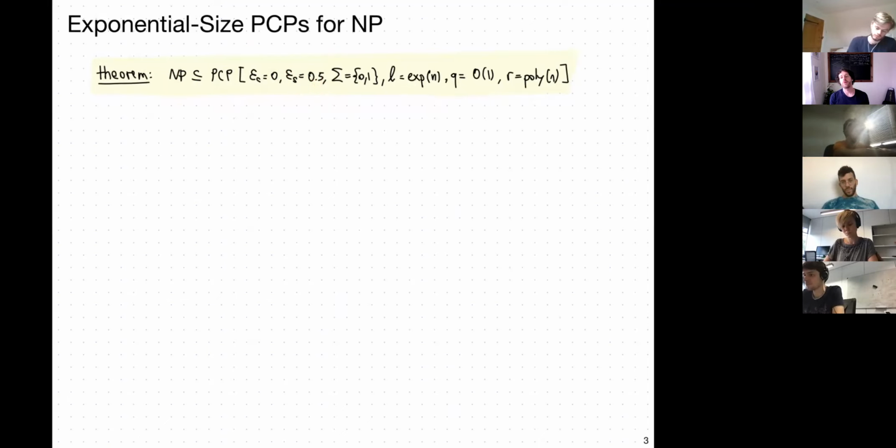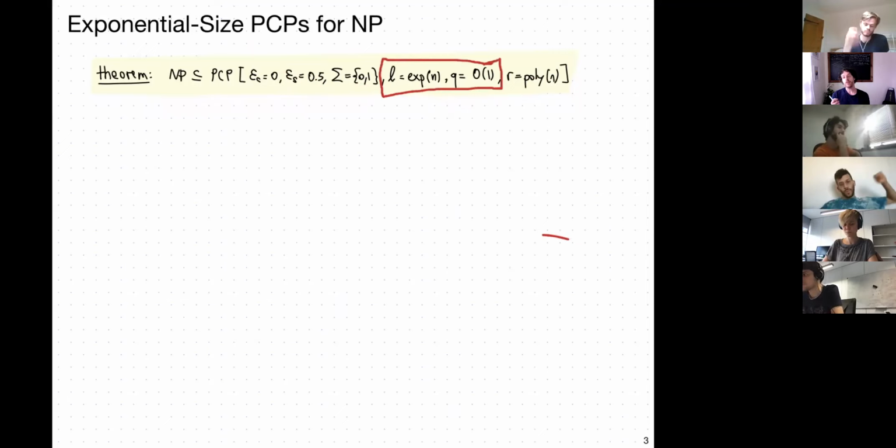So, if you want a better success, you just repeat. The alphabet size would be binary. The length of the proof would be exponential. The number of queries would be O of 1. And the amount of randomness that we need will be polynomial. But the main thing to take from that is these parts.